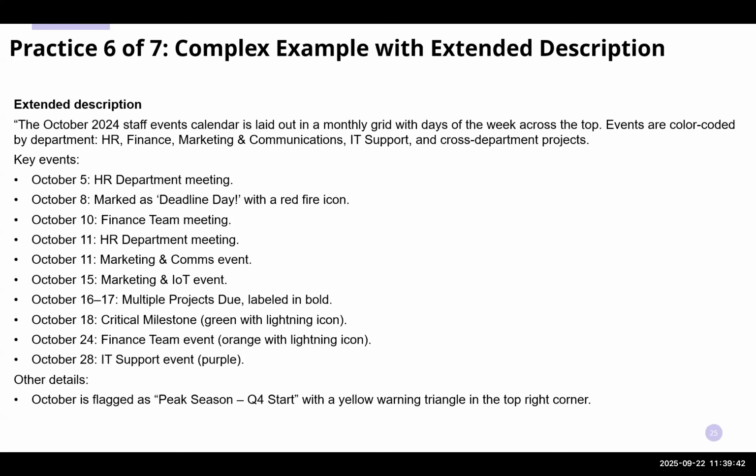Calendars like this use a mix of visual formatting, color, and icons to communicate important timelines. Without a detailed description, users using assistive technology will definitely miss key deadlines or departmental meetings completely. So this description will help not just with what's happening, but when and how it is presented visually.